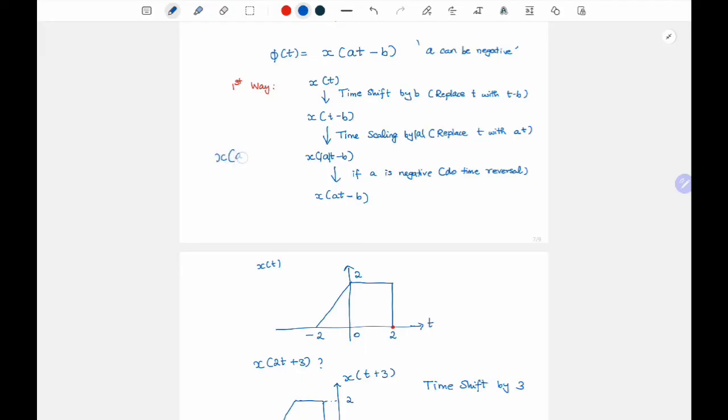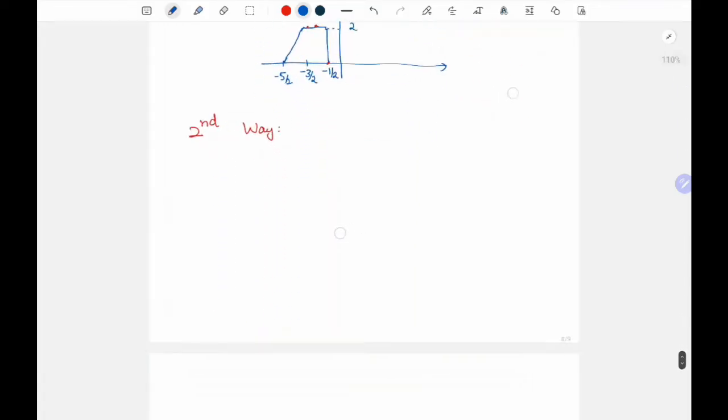For example, we haven't done a of t minus b, right? We haven't done it for time scaling by a. We just replaced t alone. So b is there and t alone we have replaced with at. Right? That is important to note. So then now you can see the second way easily.